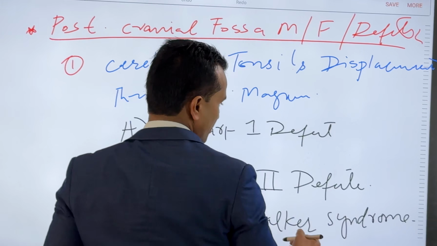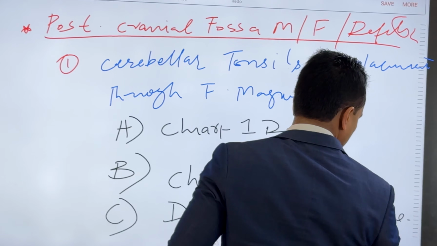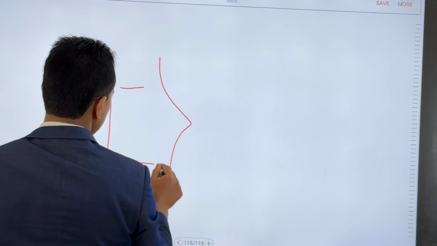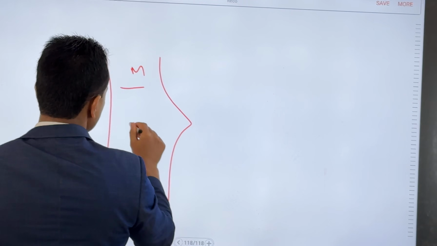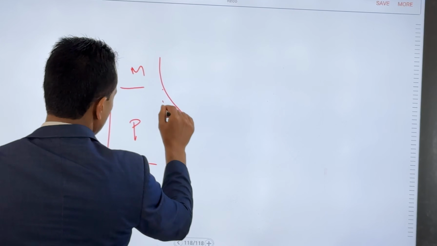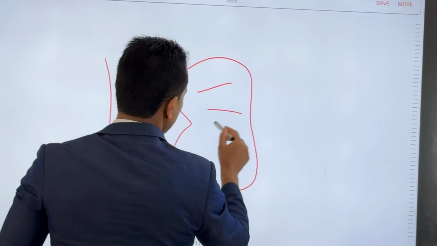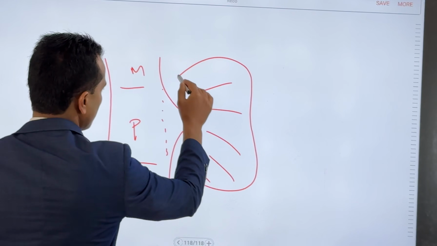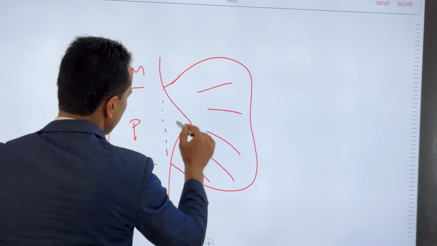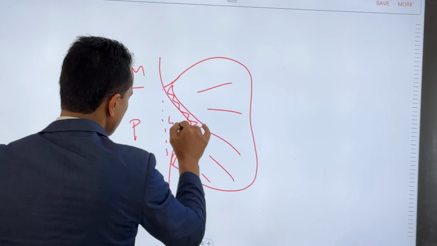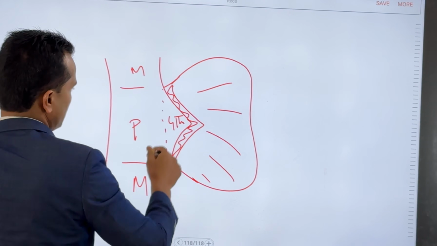So I will just give you a small description here. Suppose this is your brainstem, and here you have the midbrain, this is your pons, and this is the medulla. This cavity is the fourth ventricle, and here you have the cerebellum, and this part of the cerebellum is the vermis.